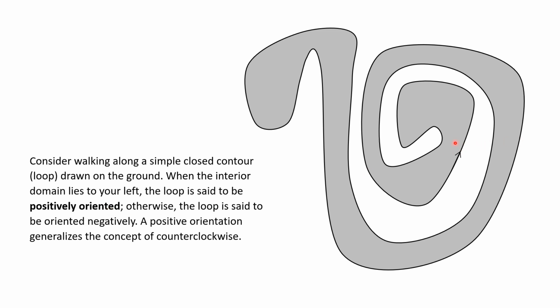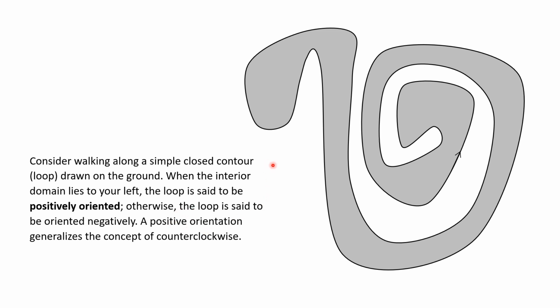And if I inverted the arrow going the other direction, then when you walked in that direction, you put out your left arm, you would be pointing towards the white area here, the exterior, and that would be negatively oriented. So positive orientation is a generalization of counterclockwise, and negative orientation is a generalization of clockwise.